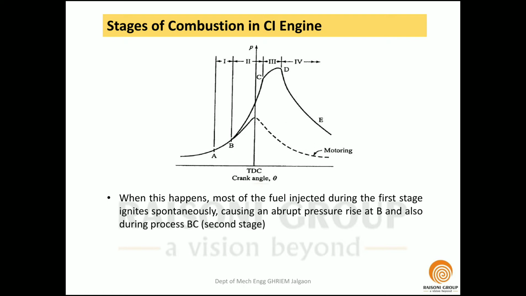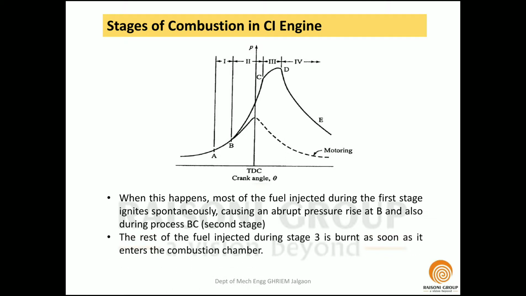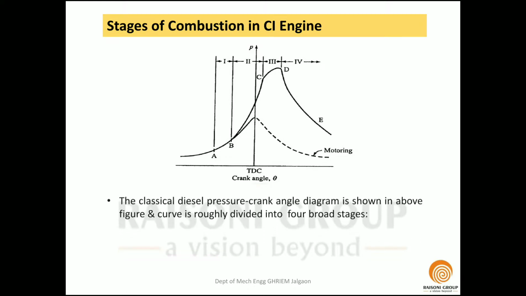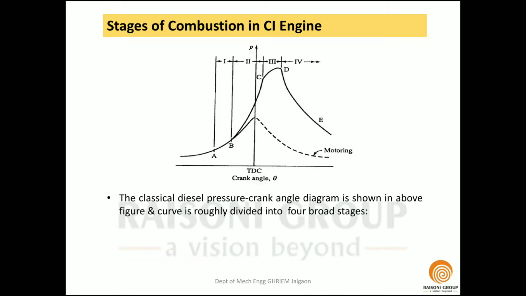Also, during the process BC, which is also called the second stage, the rest of the fuel injected during stage 3 is burned as soon as it enters the combustion chamber. The classical diesel compression and combustion pressure diagram, also known as this P theta diagram, has been proved to be an acceptable model and can be roughly divided into four broad stages.